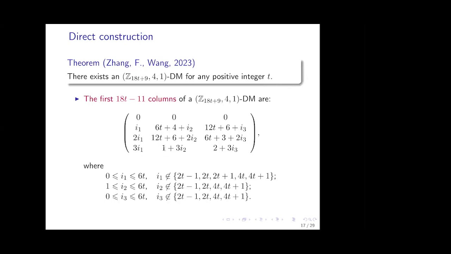And the third one, 1 plus 3i, is 3 times this value, 6t plus i. 6 times 3t is 18t, and 18t is 0. So that means actually we almost use the standard pattern of the column, but we did a little modification. It's a little surprise. We succeed.